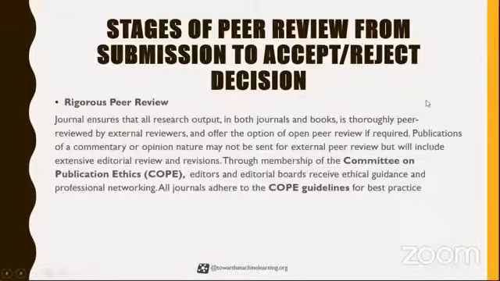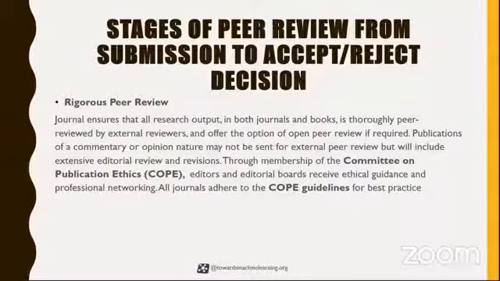Now the second stage. After you pass the first stage, you follow the second stage, which is the rigorous peer review. The journal ensures that all books are thoroughly peer reviewed by external reviewers. Publications of a commentary or opinion nature may not be sent to external peer review because they include extensive editorial review and revisions.